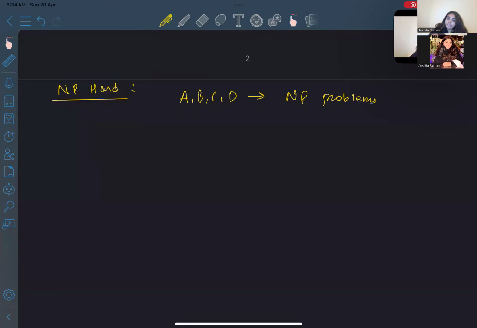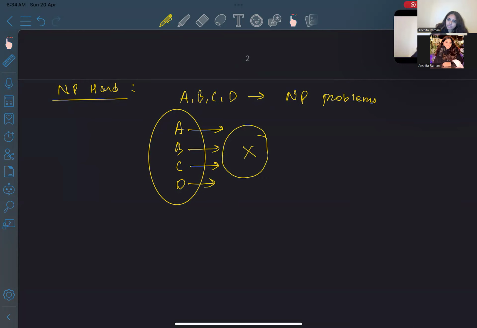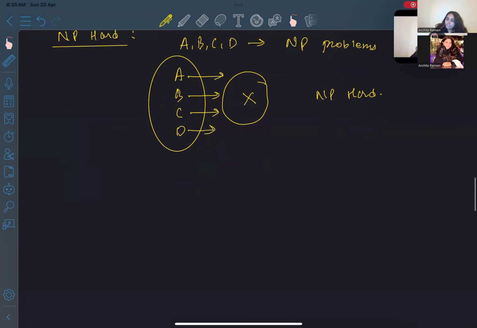If all of these can be reduced to some X, then X is called NP-hard. That's the idea.